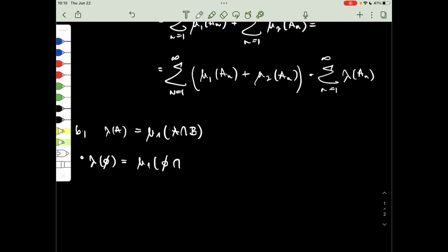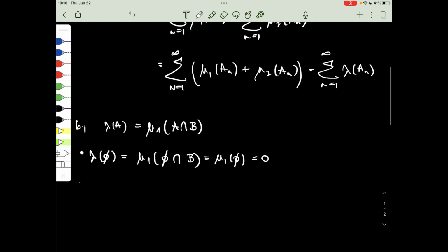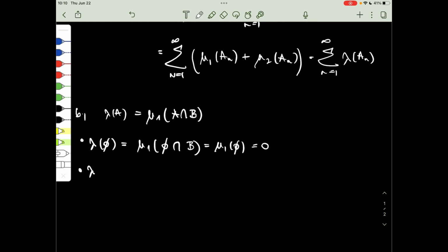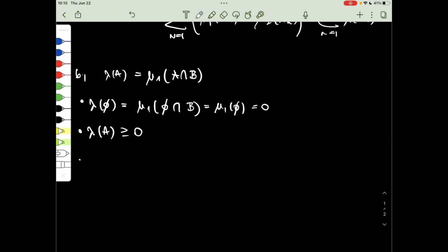The intersection of the empty set with any set is the empty set. So this is 0. This is 0. So the first property holds. It is also clear that given the fact that mu1 is a measure, for any set A the function lambda is non-negative. So all we need to do in detail is to check if the adding up property holds.